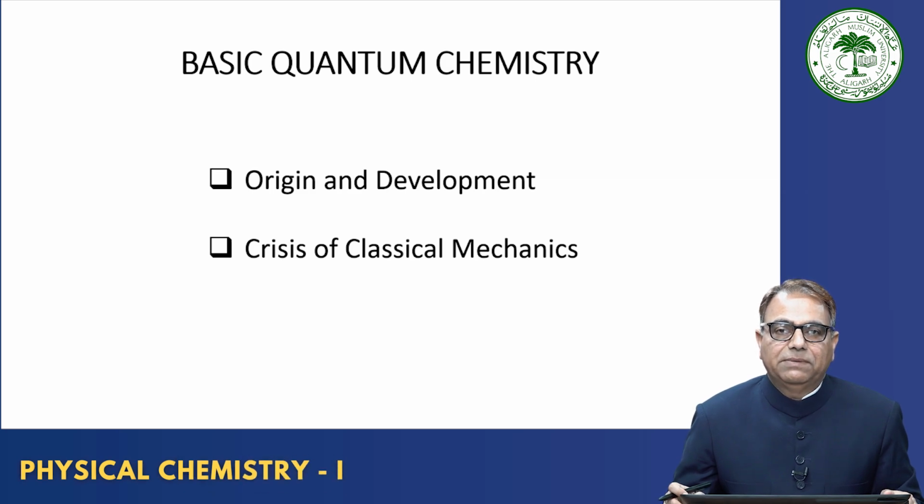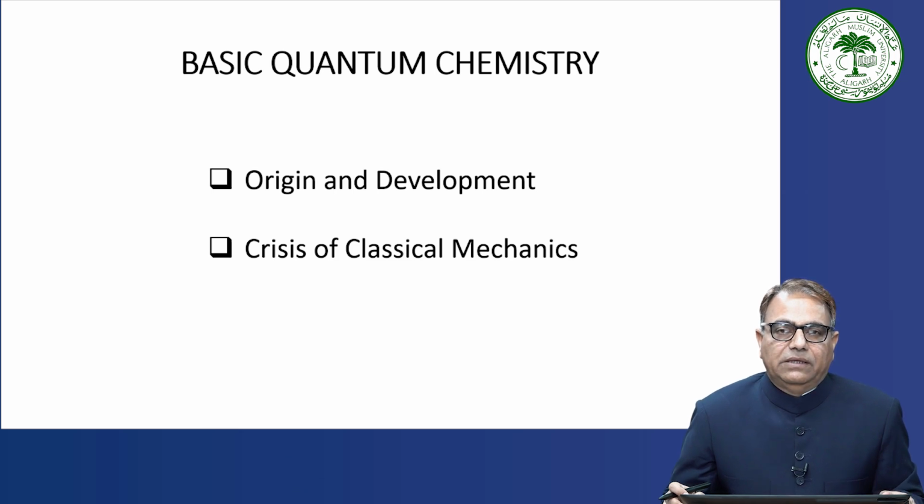The explanation for the Michelson-Morley results led to the theory of relativity, and the explanation for blackbody radiation led to the development of quantum mechanics. The origin of quantum mechanics can be traced to the explanation of blackbody radiation.